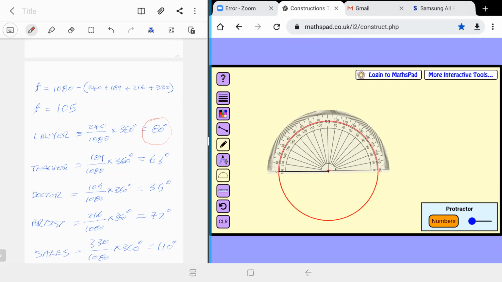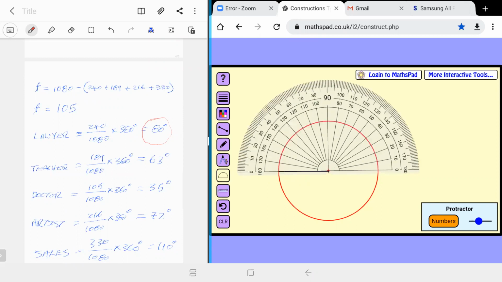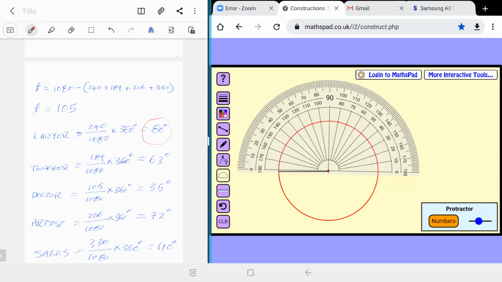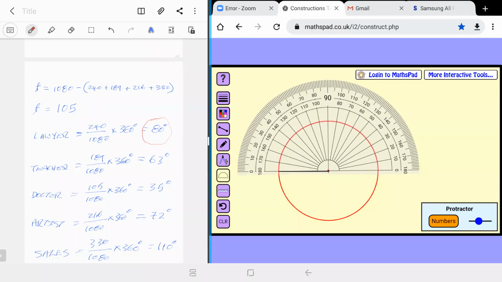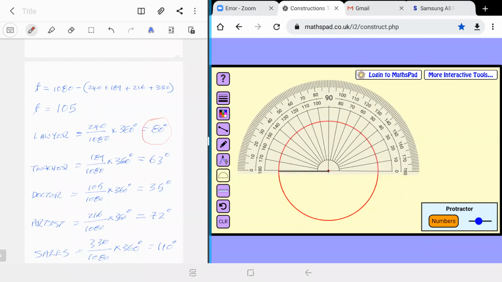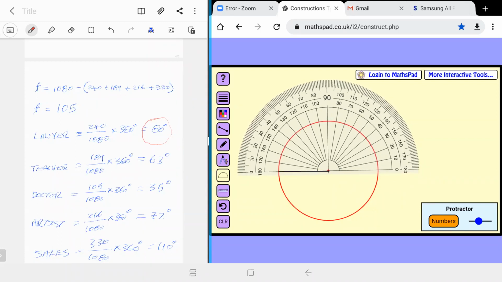So the 0 is over onto the left side of the screen. Make sure that line passes through the 0, the base of the protractor. You put where the 90 and the base meet on the point. You position it properly so that the baseline coincides with the line passing through 0.